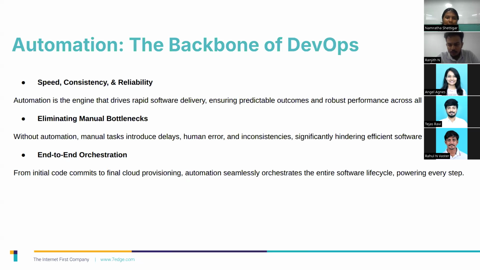We have one more question from Pavitra: how do you balance speed and stability in a CI/CD process when frequent development is required? When frequent development comes, there will be multiple branches.